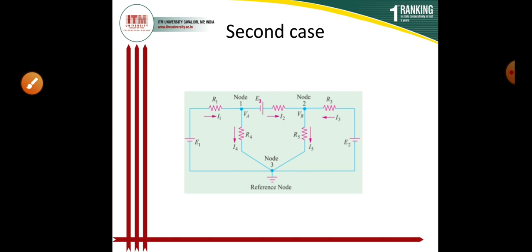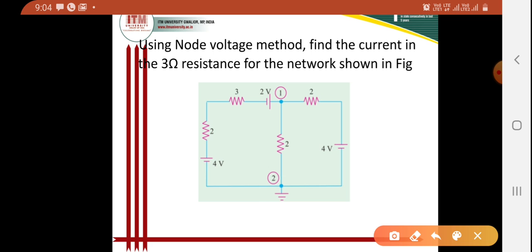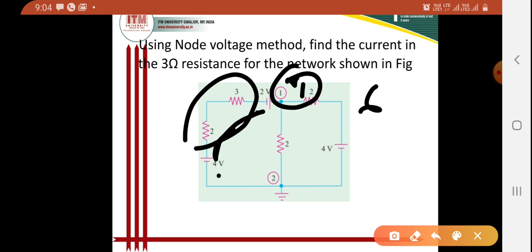So I am coming to the figure, see this figure. This is our V1, and here 4 volt and 2 volt, the total is 6 volt. The resistances, 2 ohm and 3 ohm, are series resistances. To find the current, the voltage drop between this voltage source and the node will be current into 3 plus 2.